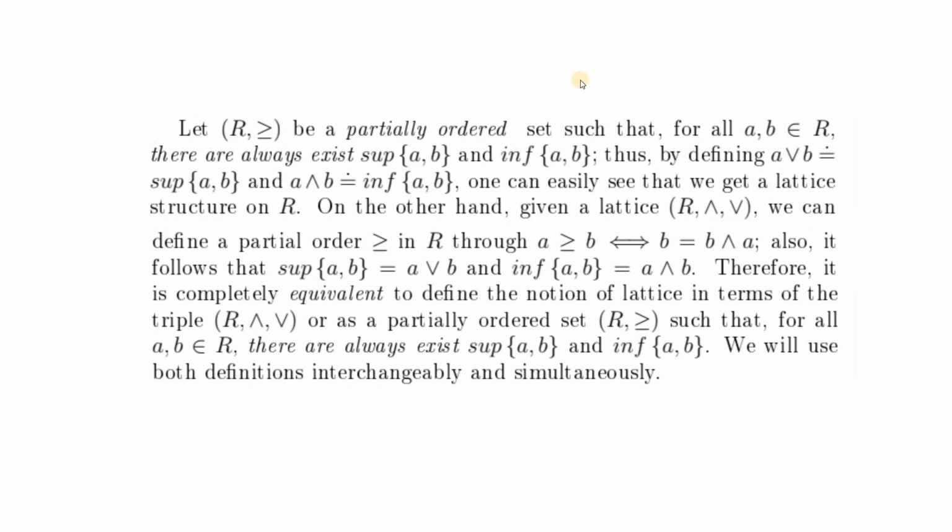Now, another way of defining a lattice is the following. If you have a partially ordered set where the supremum and infimum always exist, you can define the OR and AND operations using the supremum and infimum, and in that way you get a lattice.